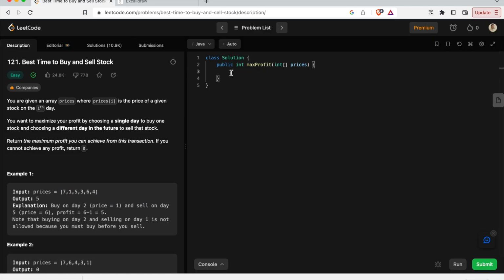As I said, we will have to maintain the minimum pointer. Let's say I have assigned minimum at the first index, so that will be prices[0].